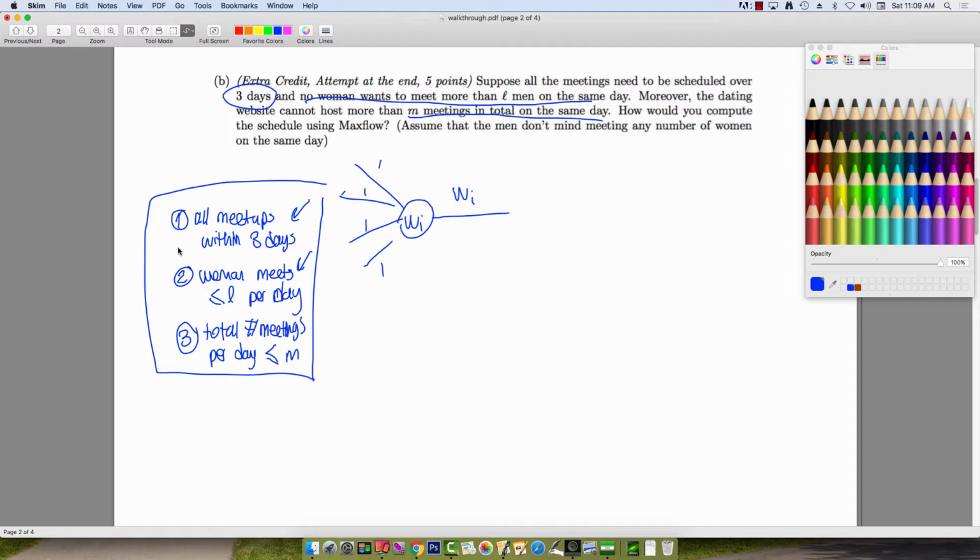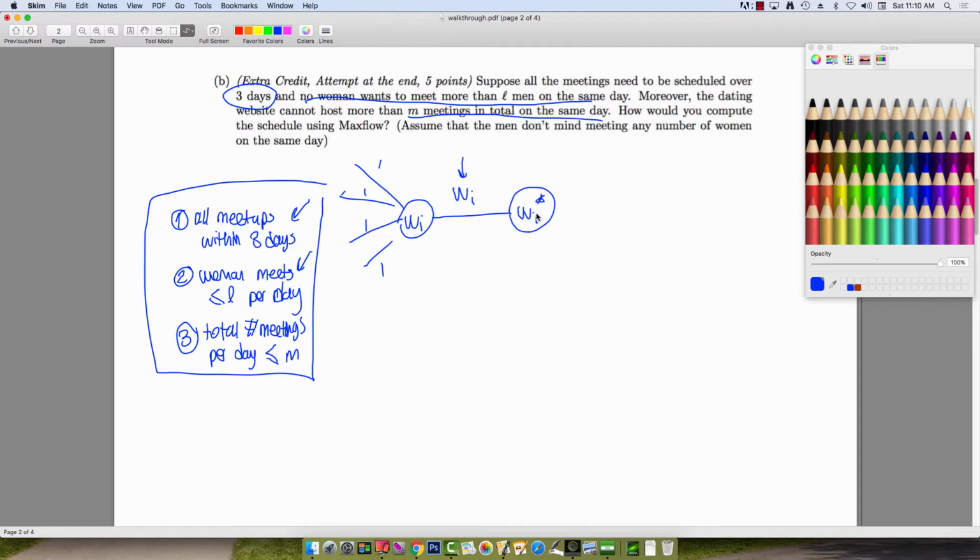Okay, so we basically want to still keep all the people that this person wants to meet, but we want to make sure that this number is divided between 3 days such that none of the days will have more than L meetings. So one easy way to do this is, first of all, in order to preserve this value, we will create this additional node.